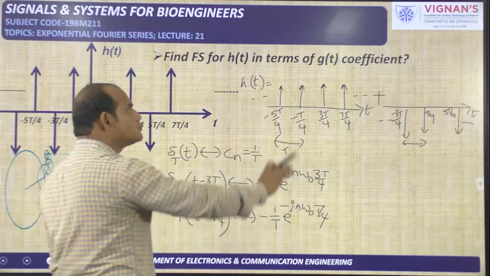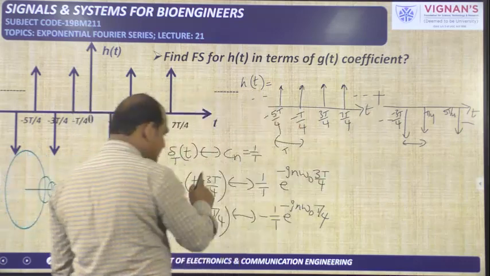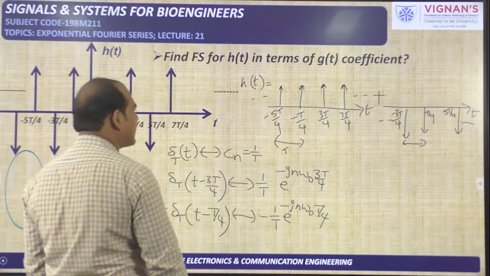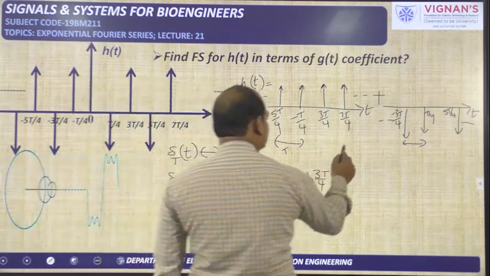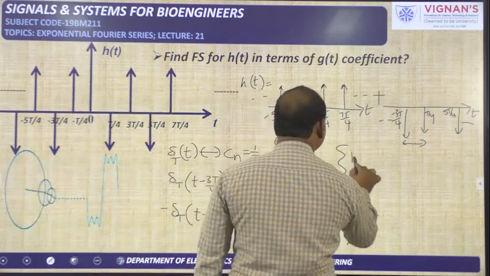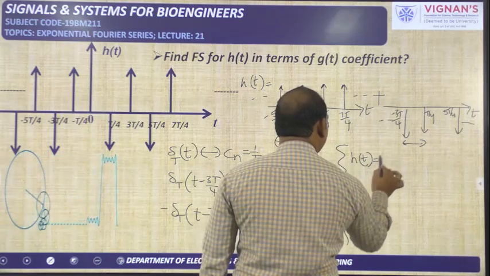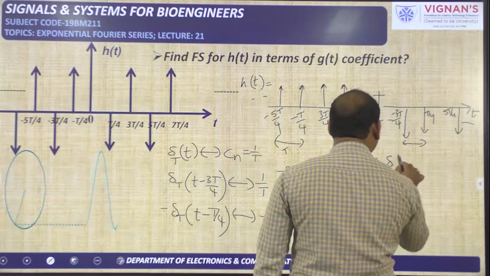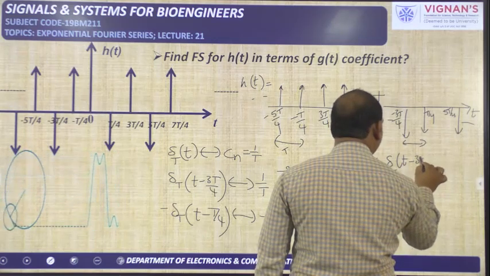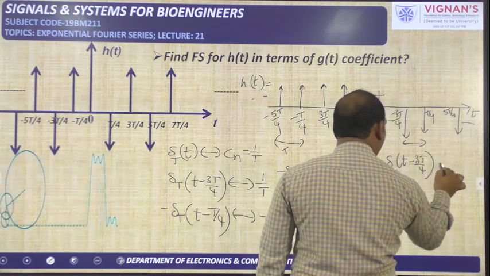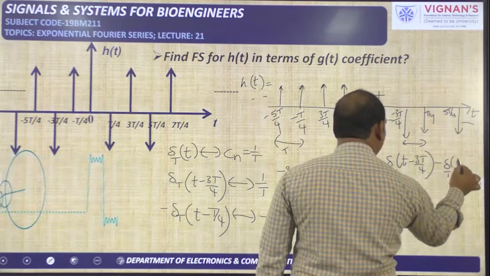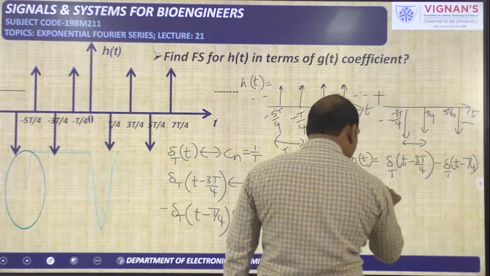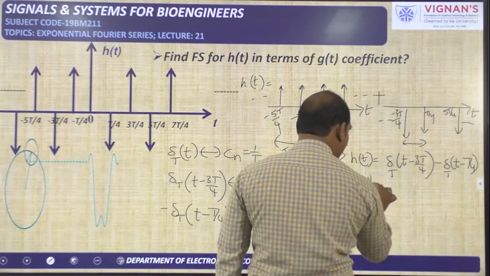Now these two signals are added, so the coefficients will also be added. So the given signal h of t can be written as the addition of these two, that means delta T of t minus 3T by 4 minus delta T of t minus T by 4. Now we are applying the exponential Fourier series.